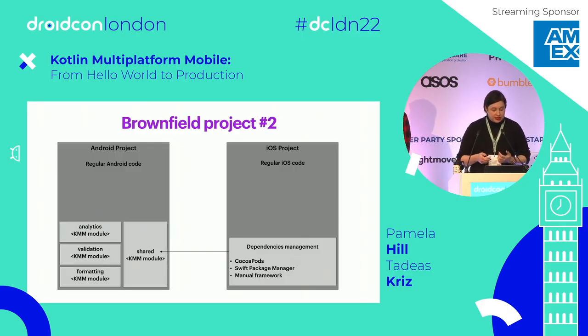Okay, so instead you can actually create feature modules again. And in addition, you would also create this shared multi-platform mobile module with transitive dependencies on those feature modules. Now, the reason for this, again, is that you only want one XCFramework.